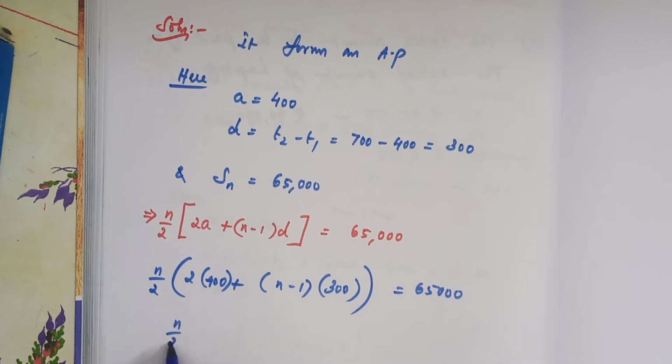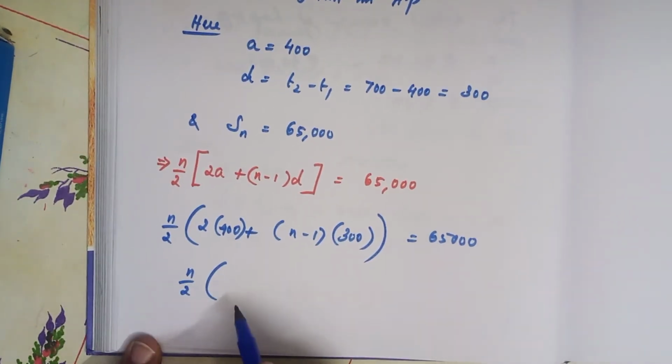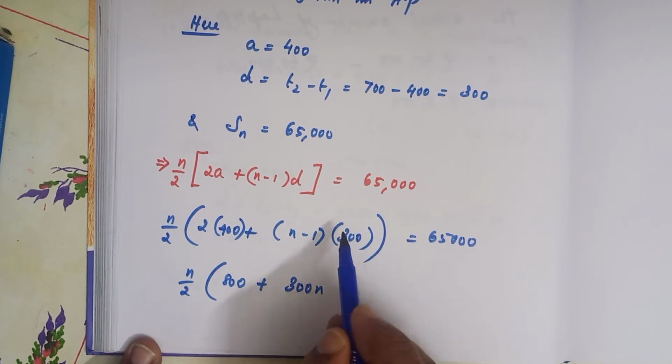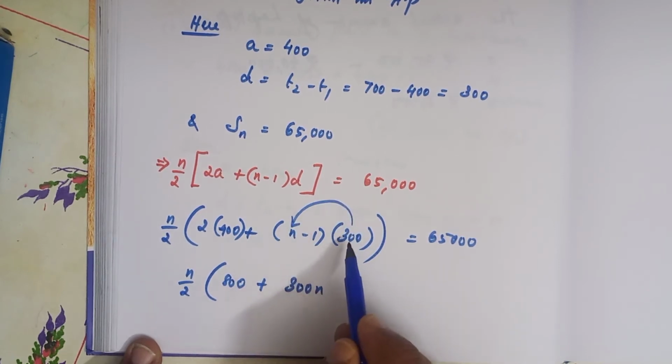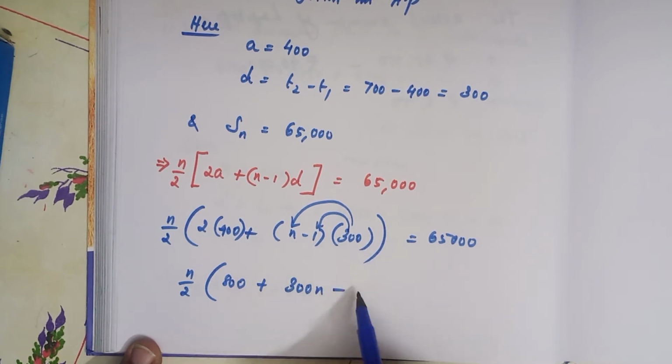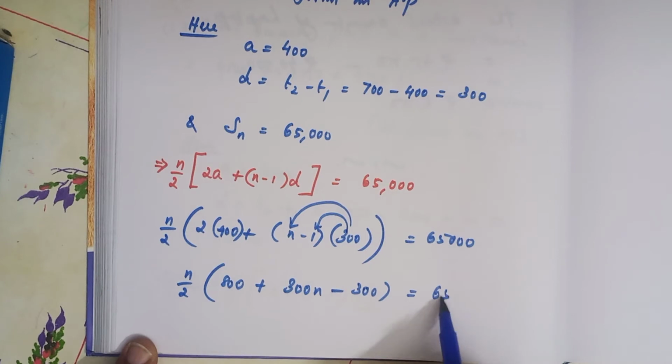So n by 2 into 2 into 400, that is 800, plus 300 into n is 300n. I have to multiply these two. After that you have to multiply these two. Minus 300 into 1, that is 300. That is equal to 65,000.